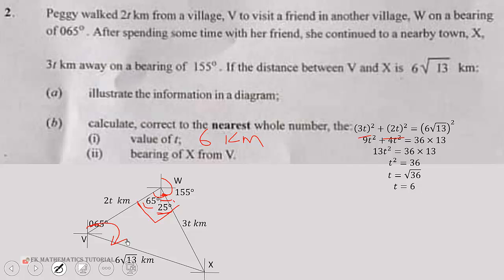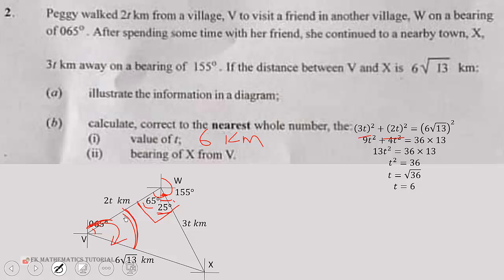So we know that from here to here is 65. If we can find this small angle here and add it to the 65, then we'll know the bearing.